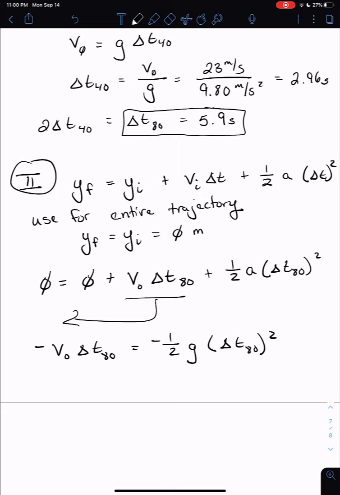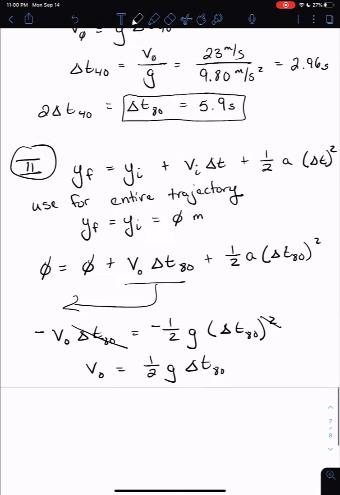At this point, you should be able to see that I have a negative on both sides. I also have a Δt on both sides, which means I can get rid of one of those as well. If I rewrite this, I get that the initial velocity is now equal to 1/2 g Δt sub 80.